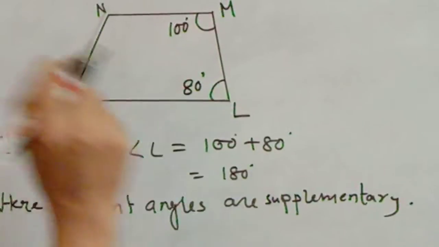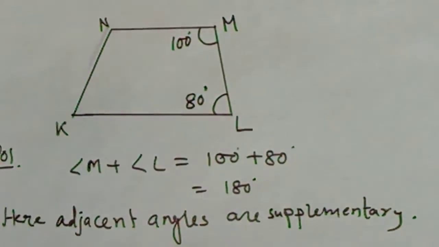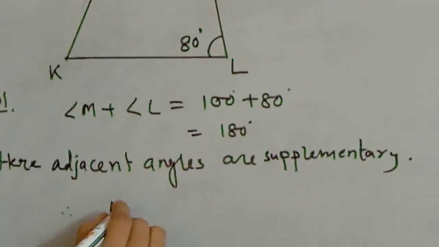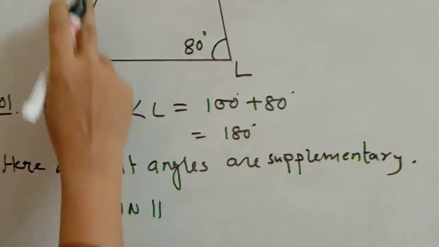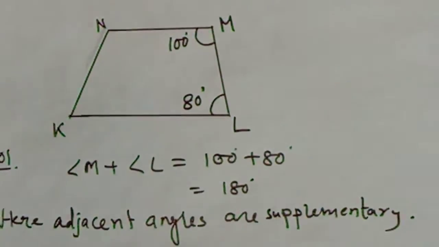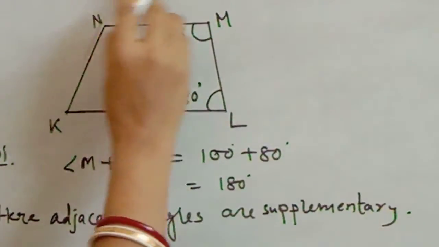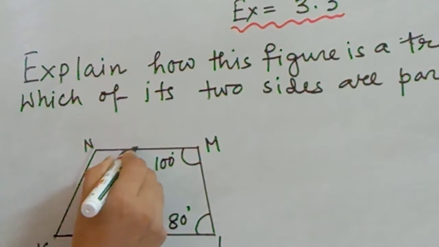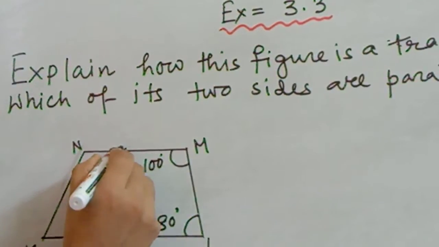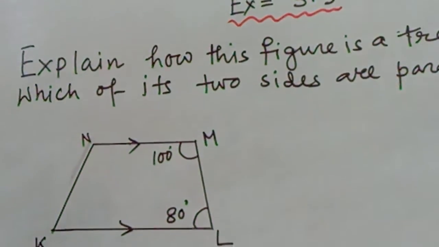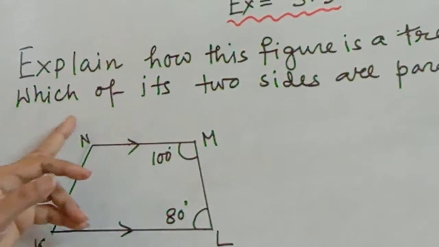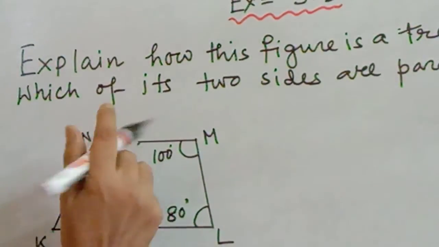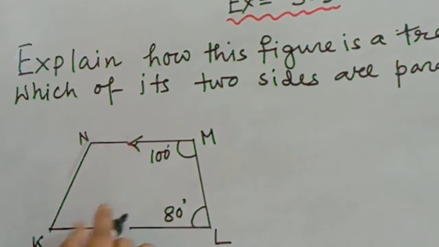When adjacent angles are supplementary, therefore MN is parallel to LK. The question is: explain how this figure is a trapezium. We can see that NM is parallel to KL. MN is parallel to LK.